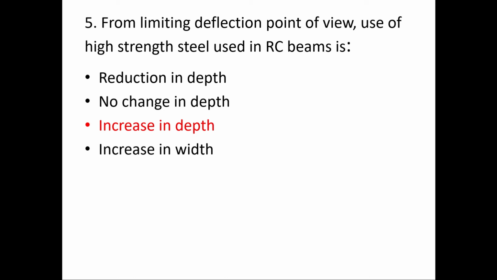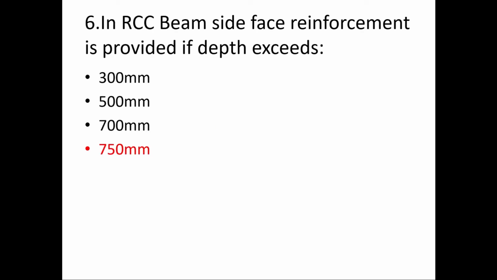For high strength deformed bars, the effective span to depth ratio should be multiplied by 0.8. So in that case we have to increase our depth. Option C is correct here, we have to increase the depth. Move on to the next question.